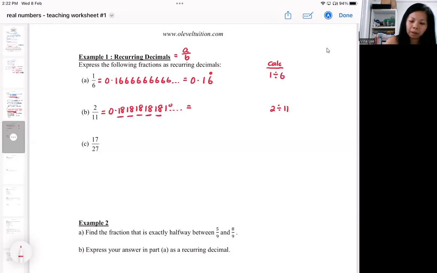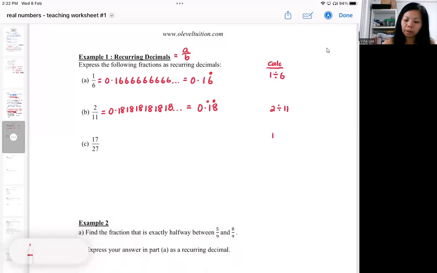At the back there should be another 8. So the 18 is the one being repeated, so you put 2 dots. When you put 2 dots on 18, I know that 18 keeps repeating: 0.18181818. So that is the function of the dots.